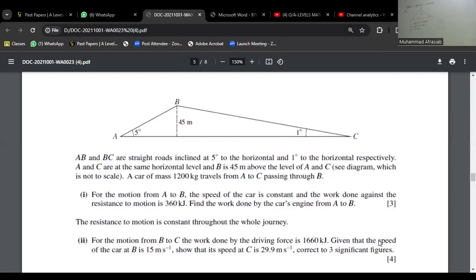A and C are at the same horizontal level and B is 45 meters above the level of C and A, as shown in the diagram.